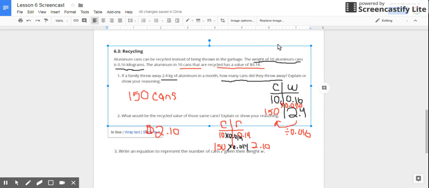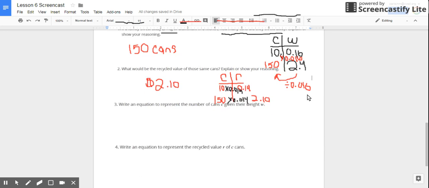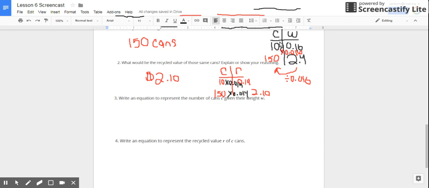So we're going to look up here at this table because we have C and W. To write an equation, we took our C value and multiplied it by 0.016, or we can say 16 thousandths. So I'm going to write my decimal as a fraction. So 16 thousandths C equals my W, or my weight.